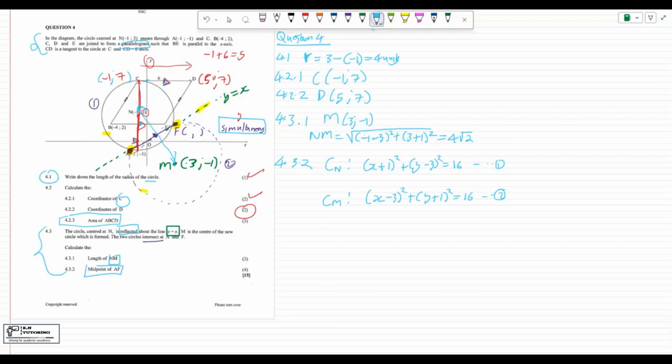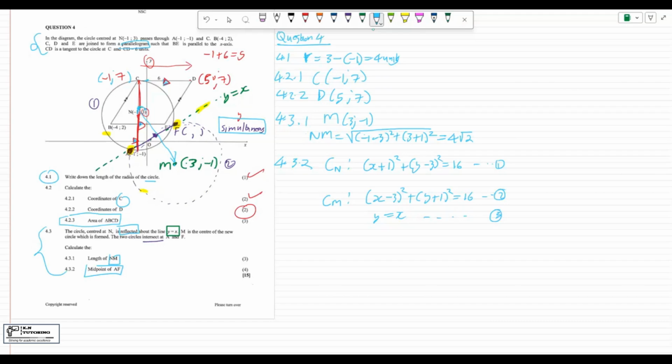So you can also say we have y equals x. This is equation 3. So where these 2 circles intersect, there's also a straight line, which is the same straight line that reflected the second circle about y equals x.